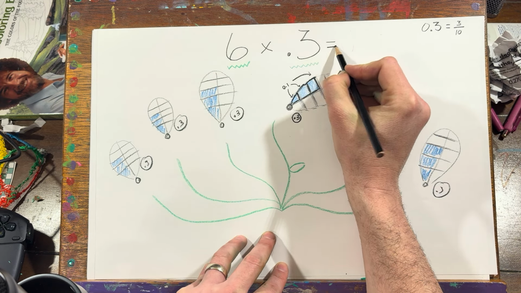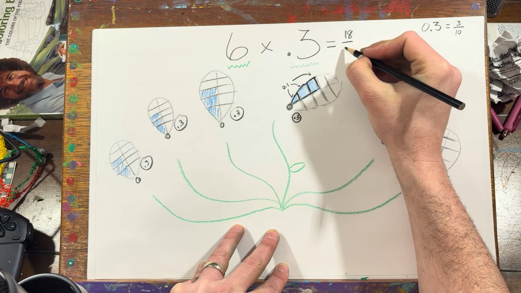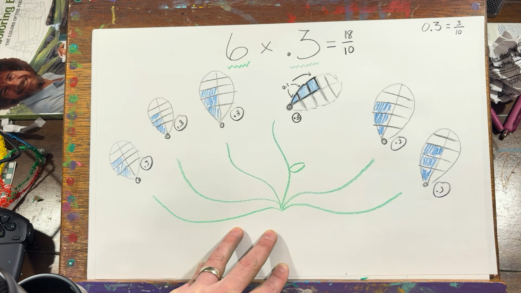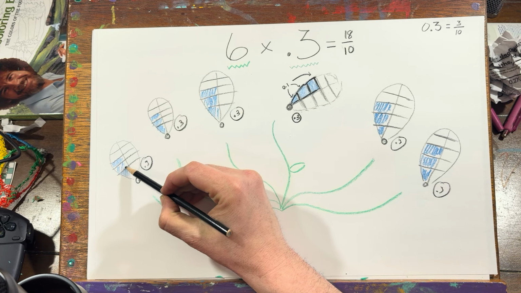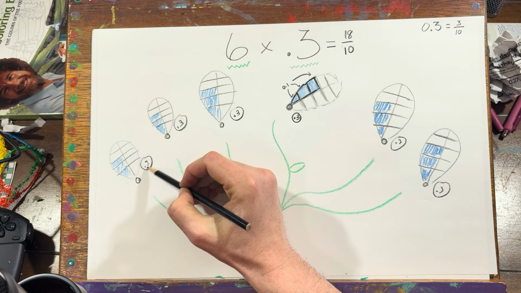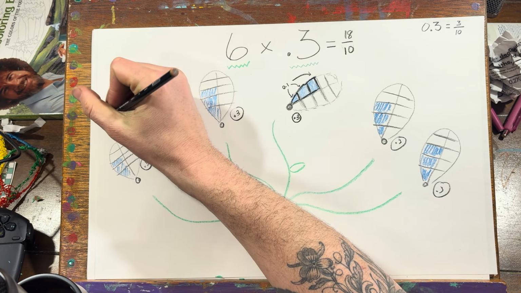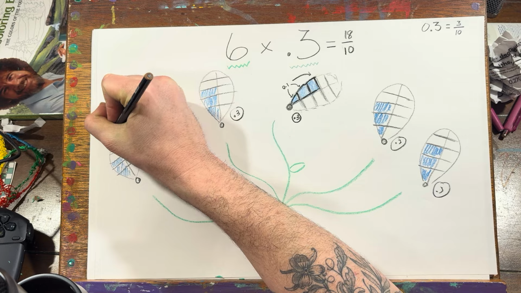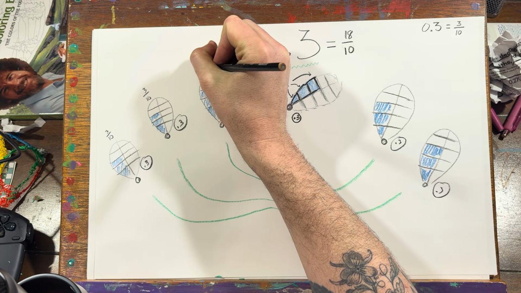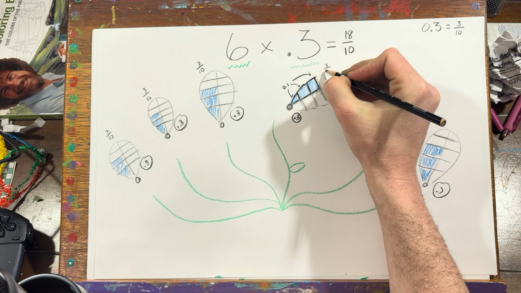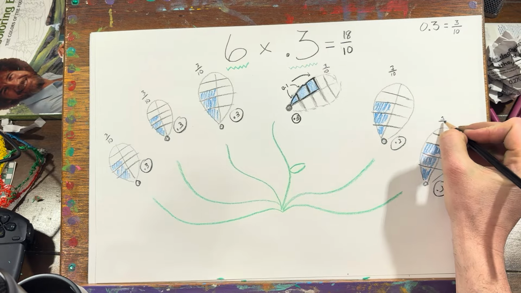So this answer can be written as 18/10. What? How do I get a fraction? Don't freak out. Each of these is 1/10. Altogether, they make 3/10. Another way to write 3/10, besides decimal form, is fraction form. So this is 3/10. This is 3/10. This is 3/10. This is 3/10. This is 3/10. And this is 3/10.